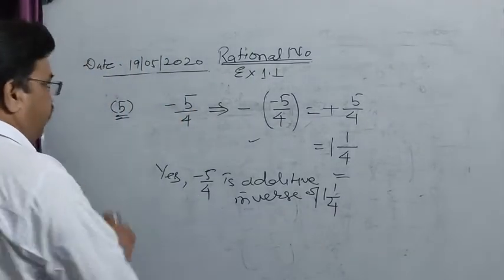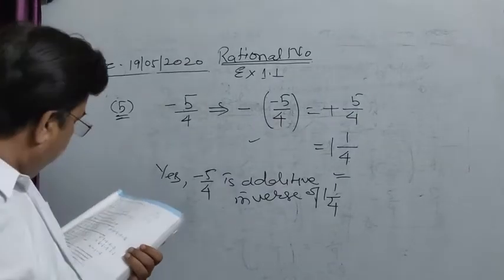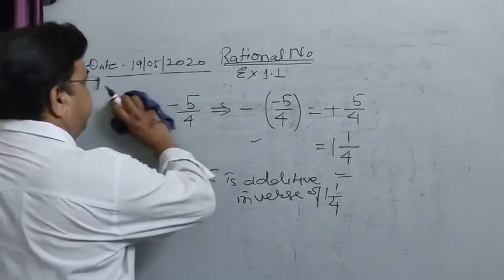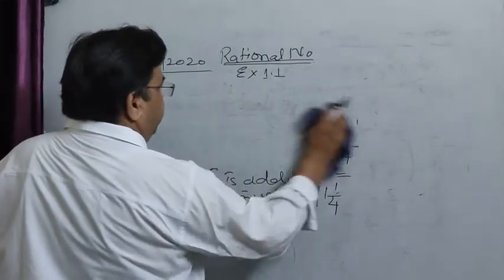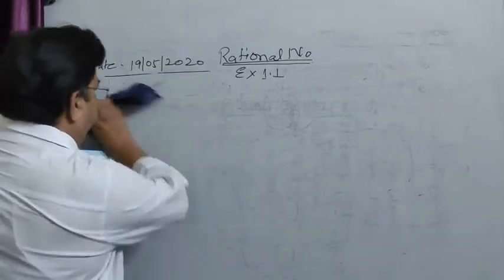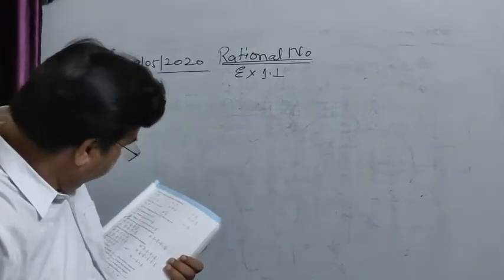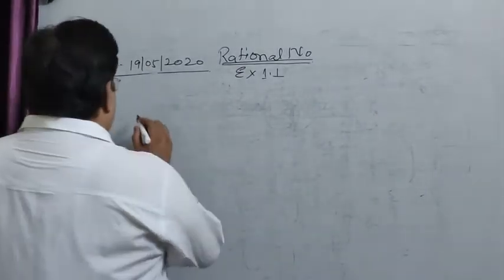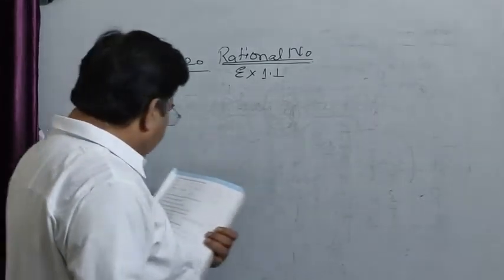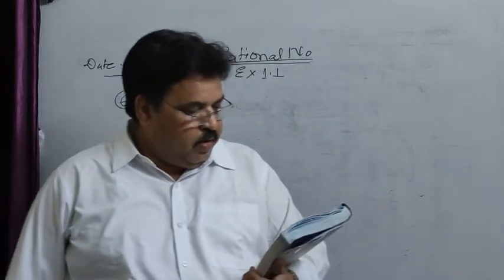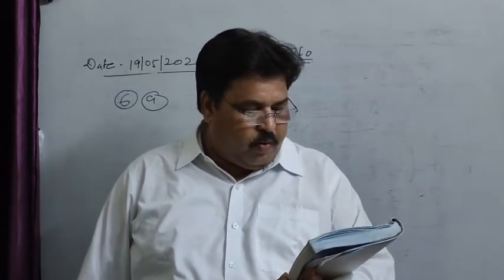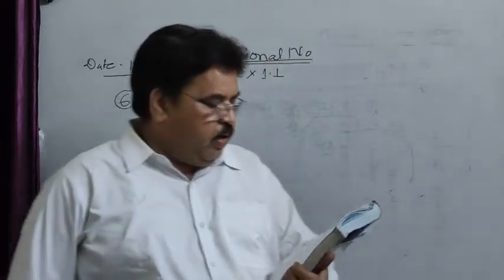Now I am going to solve question number 6A. I am reading this question. Multiply 3 by 25 by the reciprocal of 9 by 15.